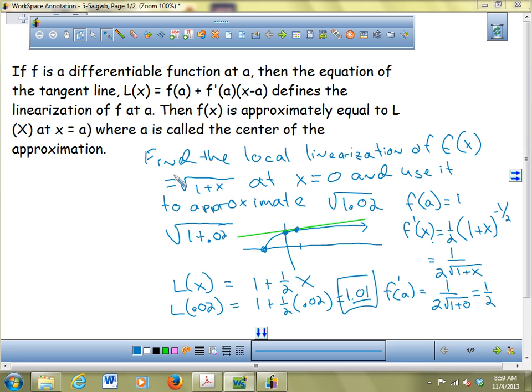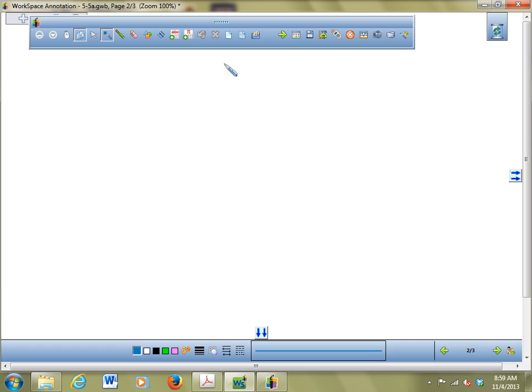Okay, so I'm going to jump ahead. I was going to do some other types of problems, but I want to talk about a different place where you might use this.